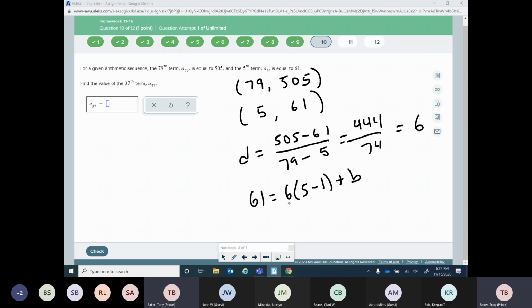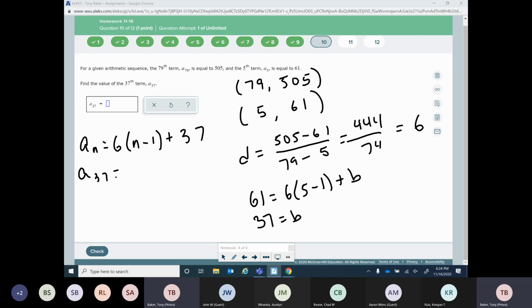So I can do 6 times 4 and then minus the 61. So that means b is 37. So now I can do a sub n equals 6 times n minus 1 plus 37.